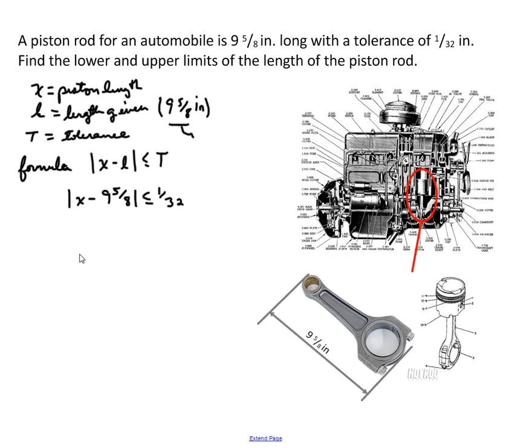That's right. The absolute value of ax plus b is less than or equal to c means that we set up a compound inequality. In this case, it's a double inequality. Negative 1/32 is less than or equal to x minus 9 5/8, less than or equal to positive 1/32.